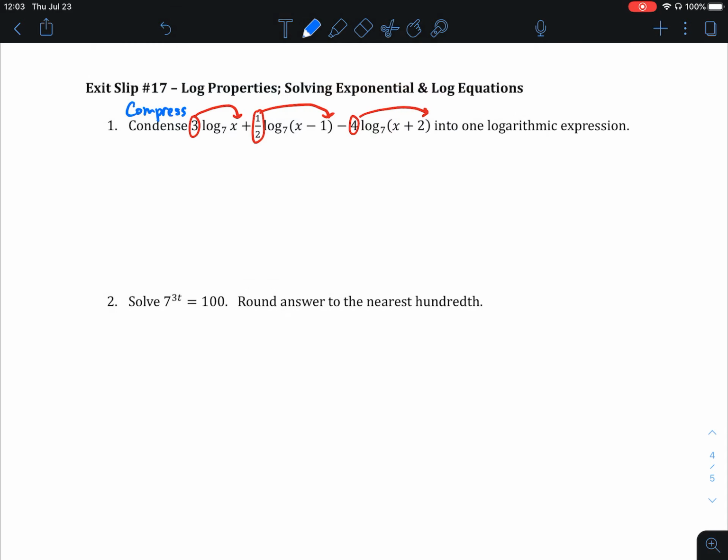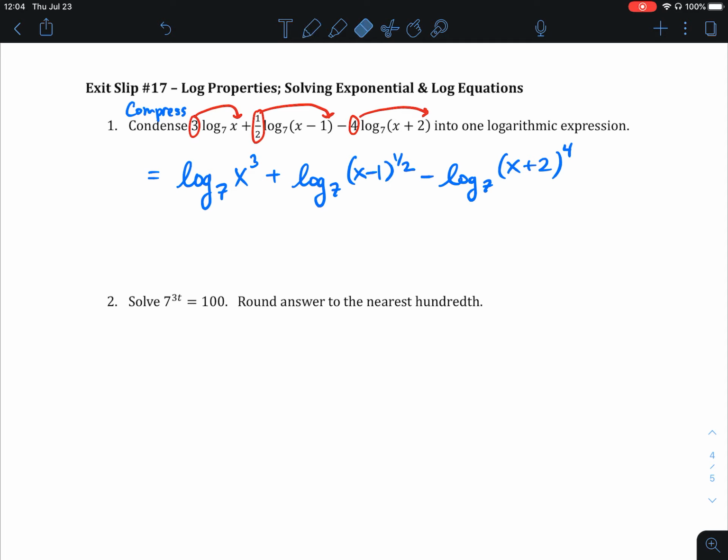If we do just that much, we would have log base 7 of x cubed being added with log base 7 of x minus 1 to the power of 1/2 minus log base 7 of x plus 2 to the 4th. If all we did so far was use our power property, we would get that result.